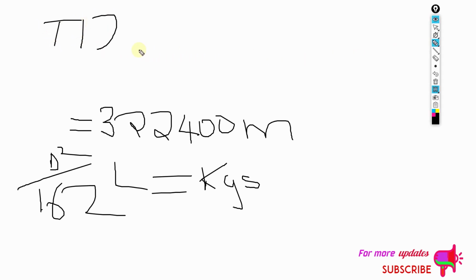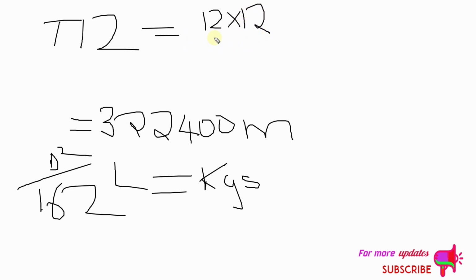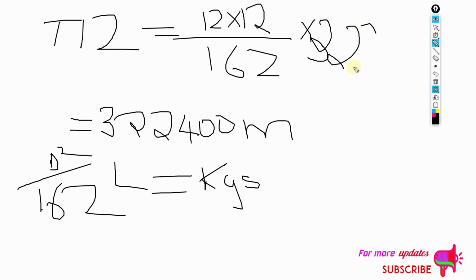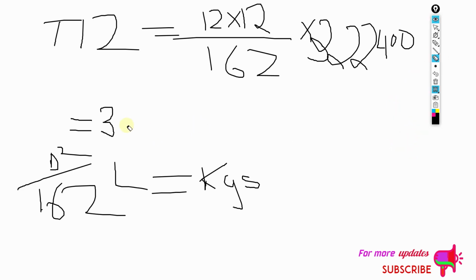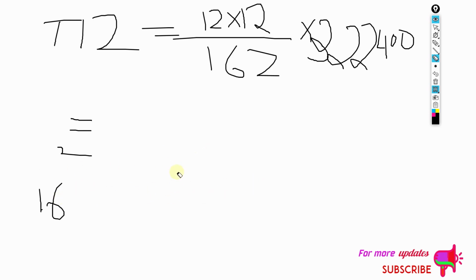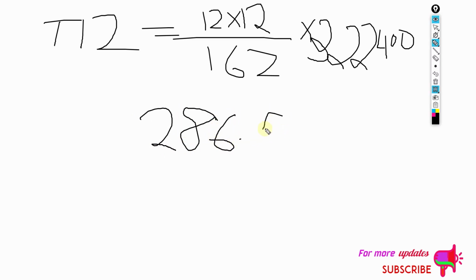So total weight will be 12 squared over 162 multiplied by the total length. Now the total weight in that rebar will be now equals to 286.5778 kgs.